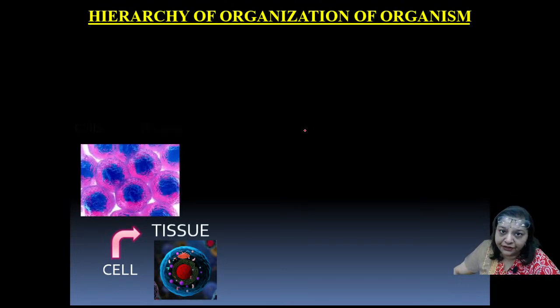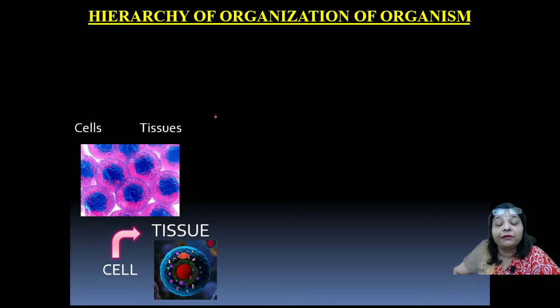Now that is a tissue. These tissues perform a specific function. Different cells, when they group together, modify themselves according to the function.